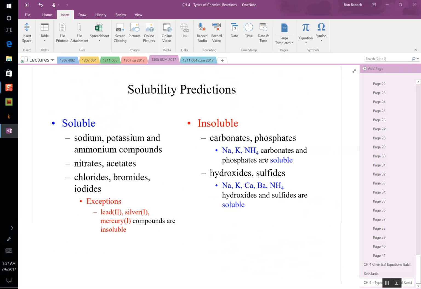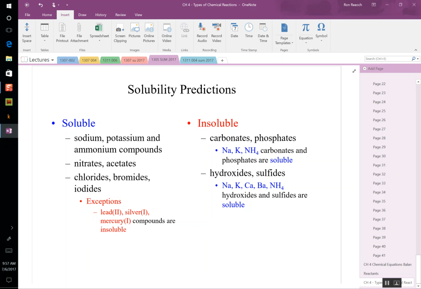But this chart here is kind of telling you, yeah, Jose, you were asking the question earlier, how do I know whether something is solid, liquid, or gas? What's its physical state? Well, this chart would be the chart you use to predict whether something is going to be soluble in water or not.